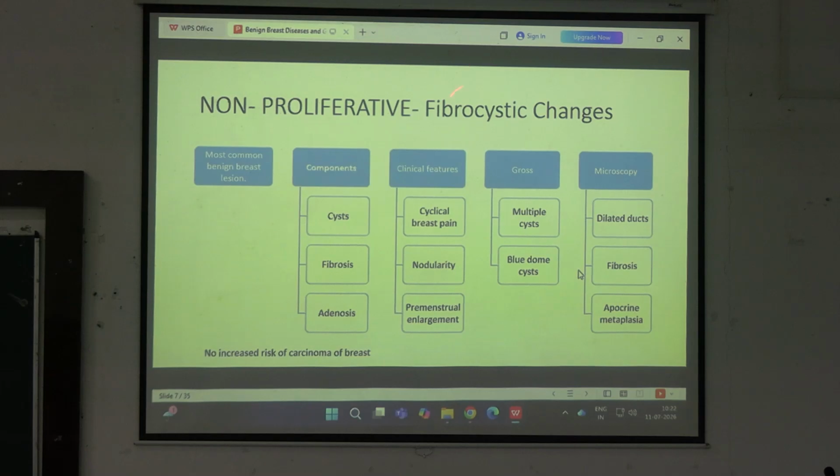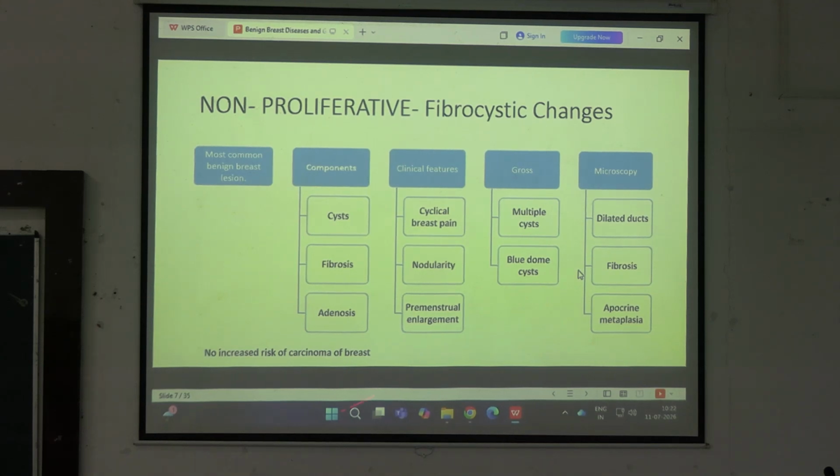Okay, there will be multiple cyst formation along with fibrosis. So from the name we are getting two components, one is fibrosis, another is cystic changes, and along with that there will be adenosis, increased number of glands. So there are three components in this fibrocystic disease. One is fibrosis, another is cyst formation, another is adenosis or increased gland formation.